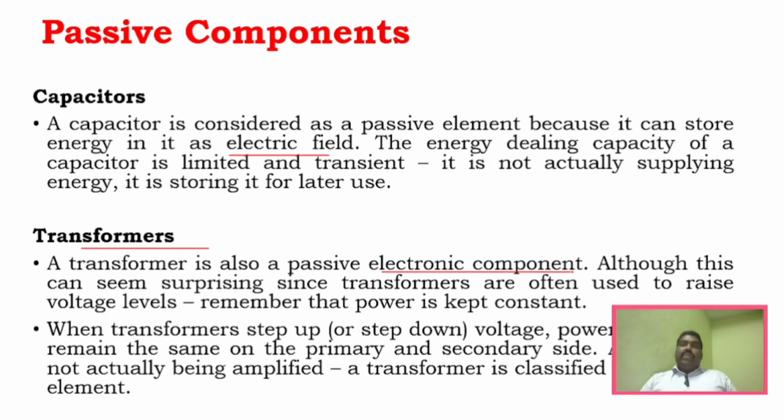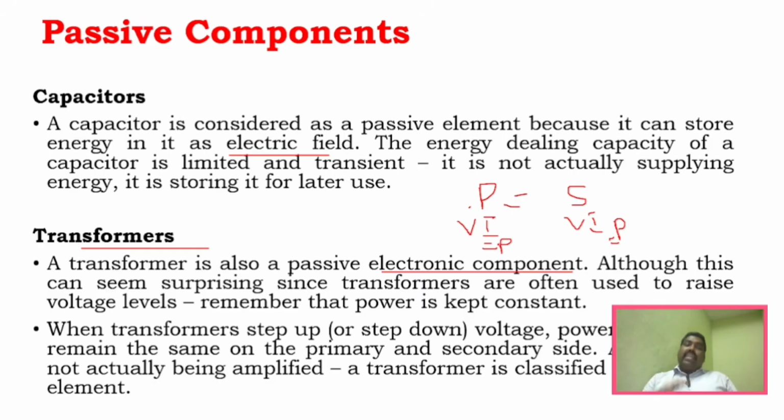It's because when it comes to the primary side, say for example, this is the primary side and this is the secondary side, whether there is a voltage increase or voltage decrease, the power, that is the product of voltage and current, in the primary side and the secondary side will be the same, even if it is step up voltage or step down voltage, whatever it may be.